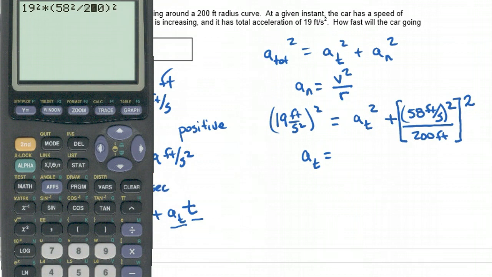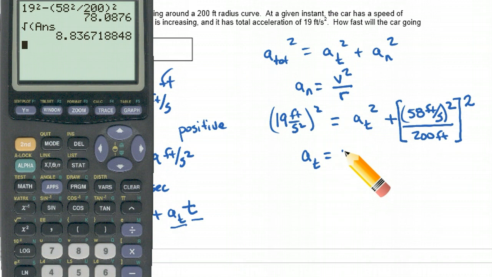And it looks like I missed my minus sign in there. Okay, so that will give me a sub t squared, and if I take the square root of that, I get 8.837 feet per second squared.